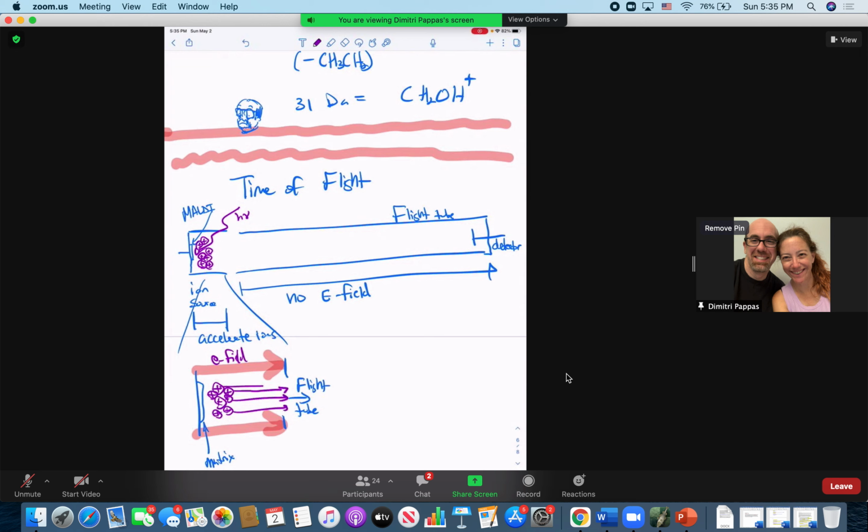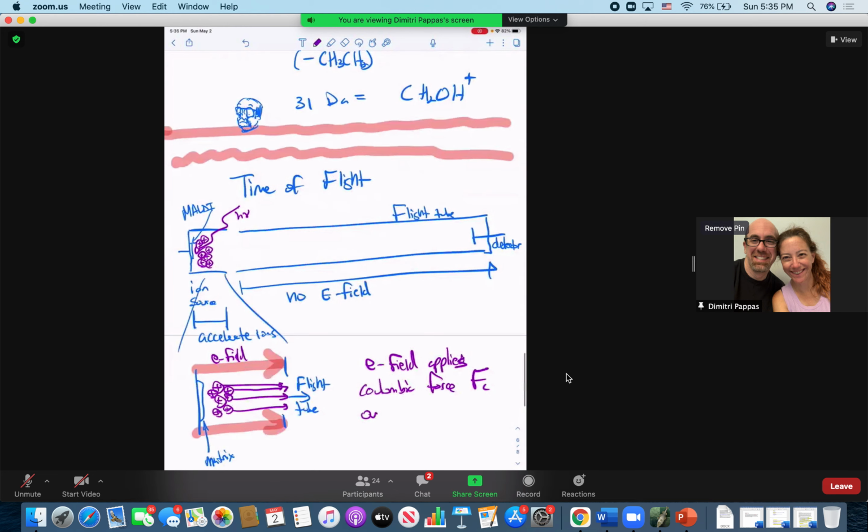You apply a force, a Coulombic force, F of C, over a distance, which I will call D. So there's a distance from the matrix itself to the exit of this ion source, the entrance of the flight tube.